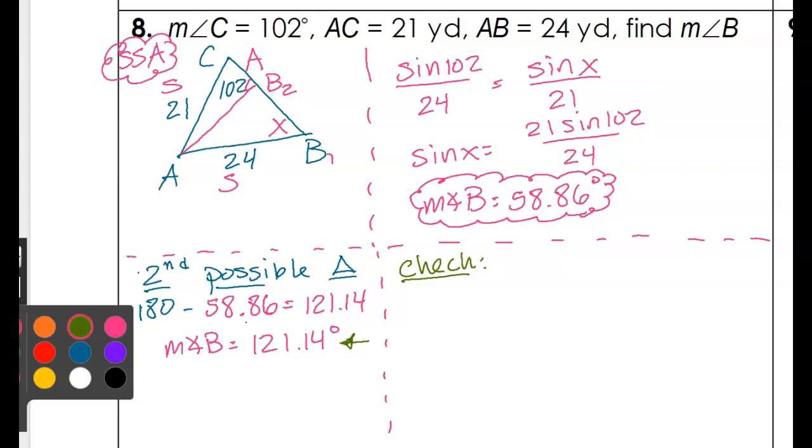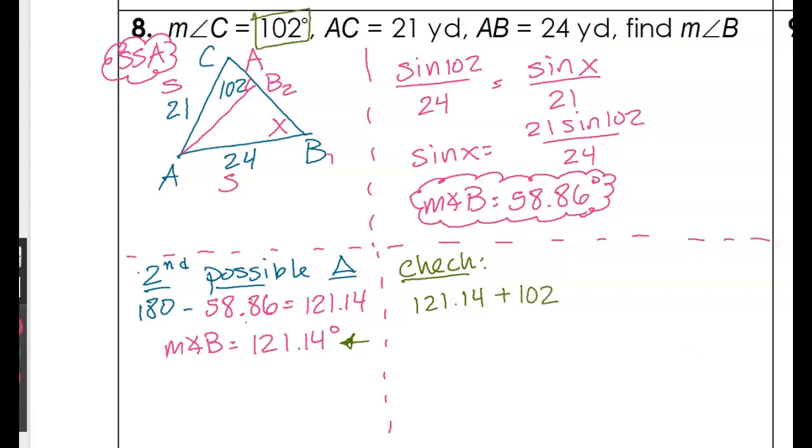We do this by taking the angle we just found and adding it to the original angle it gave us, angle C. These two values added together must be less than 180 for this to actually be a possible triangle. But we can see here 121 plus 102 is going to be way over 180.